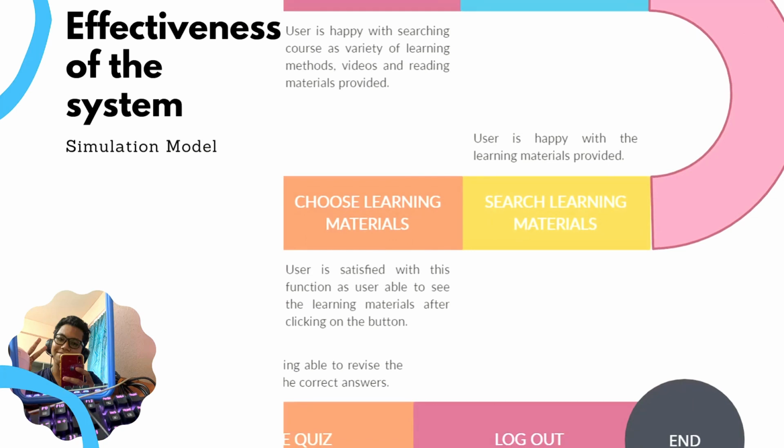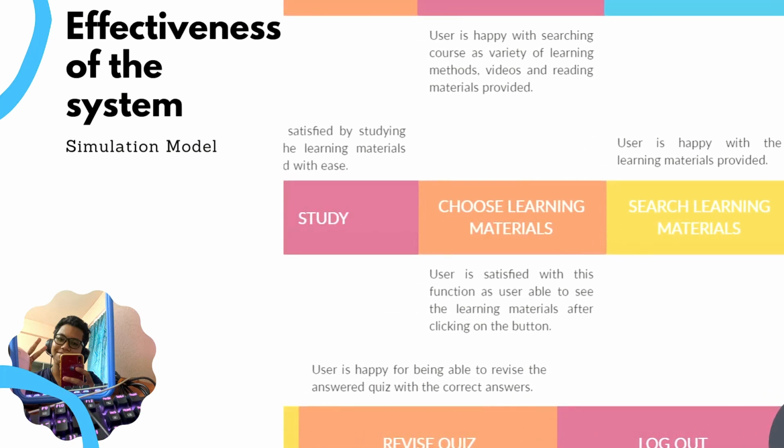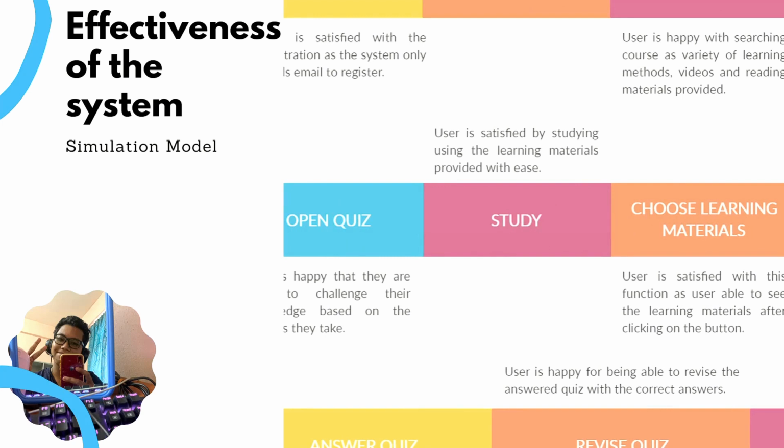Next one is the search function, where the user is also happy with this function since every single learning material is provided. Next one is choosing the learning materials, like which one is the most suitable for the user, where the user is satisfied since this function allows the user to see the learning materials after clicking on the button provided. Next one is the study part.